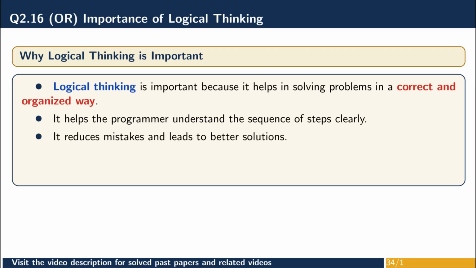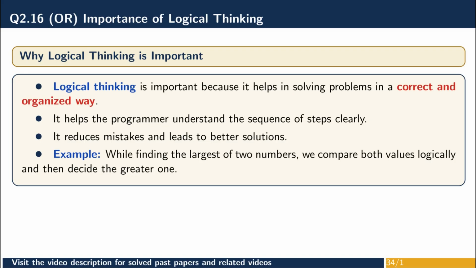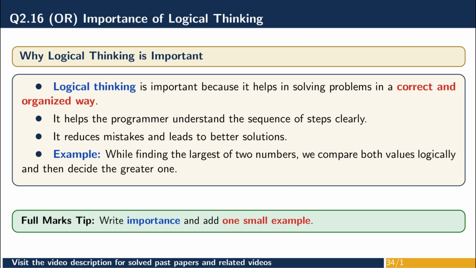It reduces mistakes and leads to a better solution. Example: while finding the largest of two numbers, we compare both values logically and then decide the greater one. Full marks tip: write importance and add one small example here.